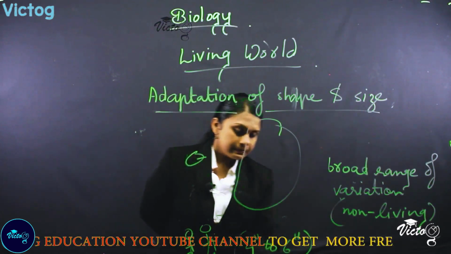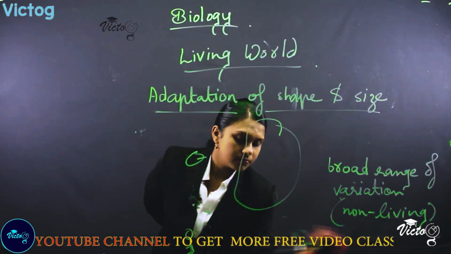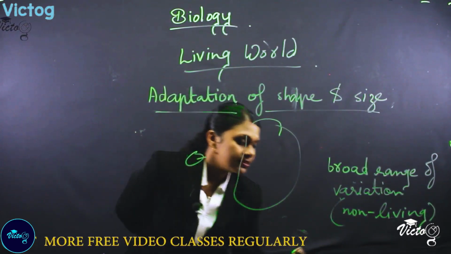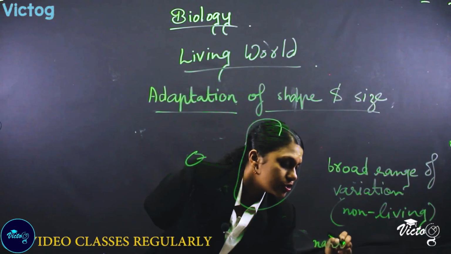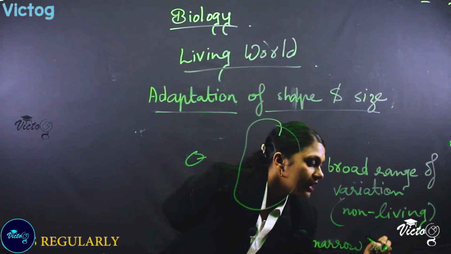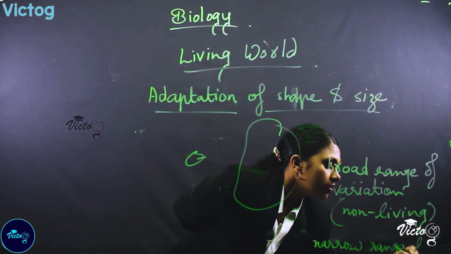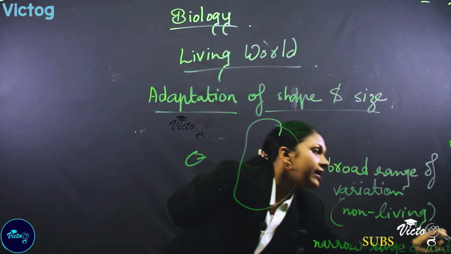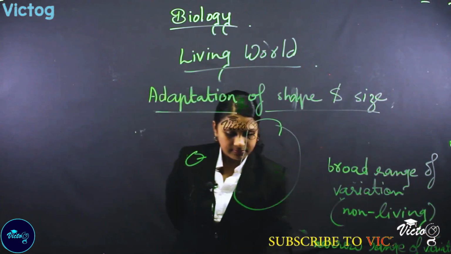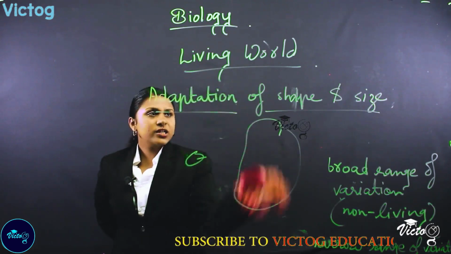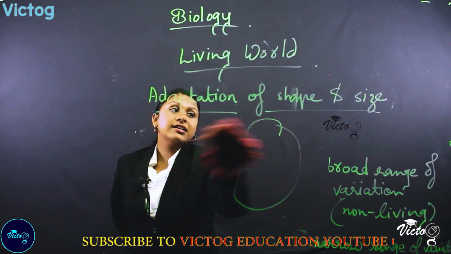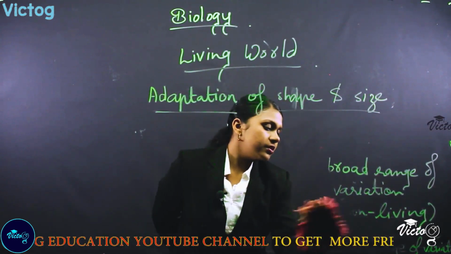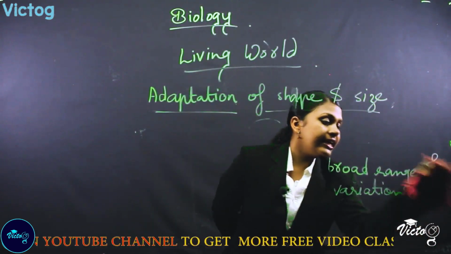So what is the peculiarity of living beings? Narrow range of variation. This is the peculiarity of living beings. Now this topic is over, I mean our first characteristic of living beings. Now we are moving to the second characteristic.